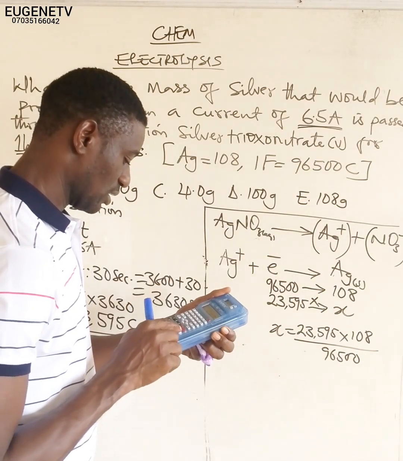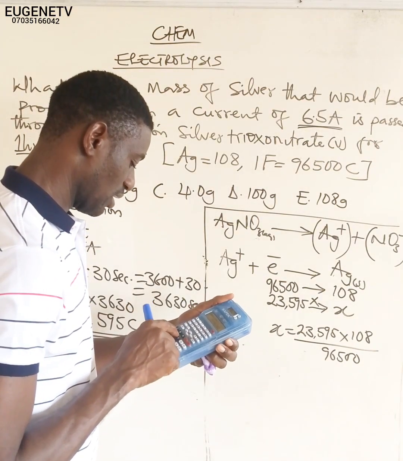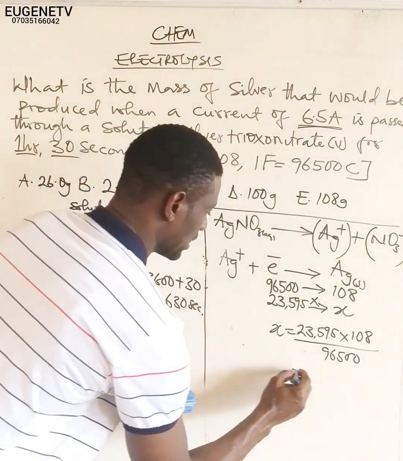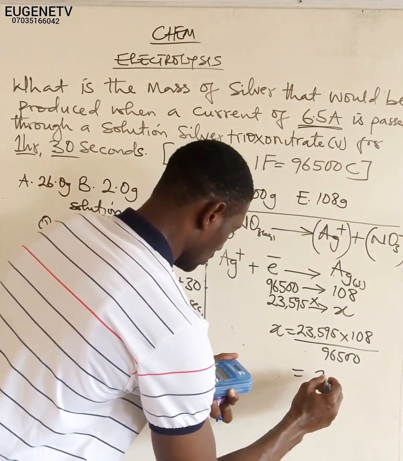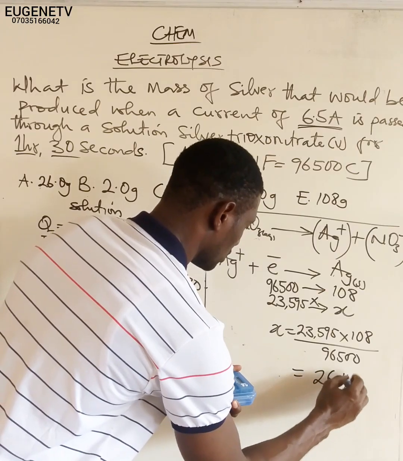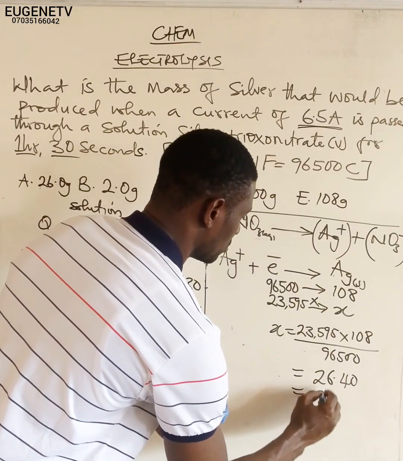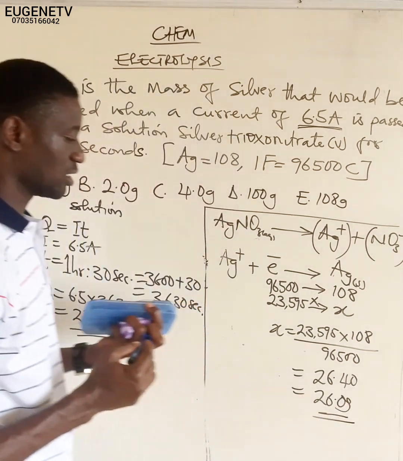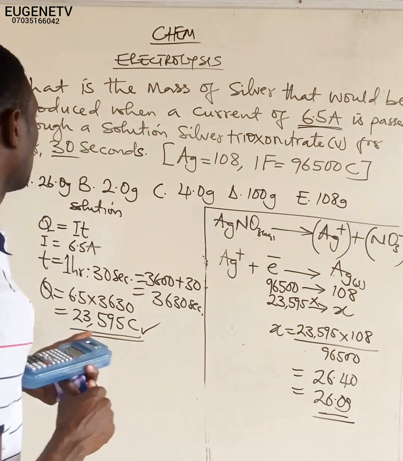Then we divide by 96500. So we are going to obtain a mass of 26.40. I think this should be approximately 26.0 grams. So the answer is 26.0 grams approximately.